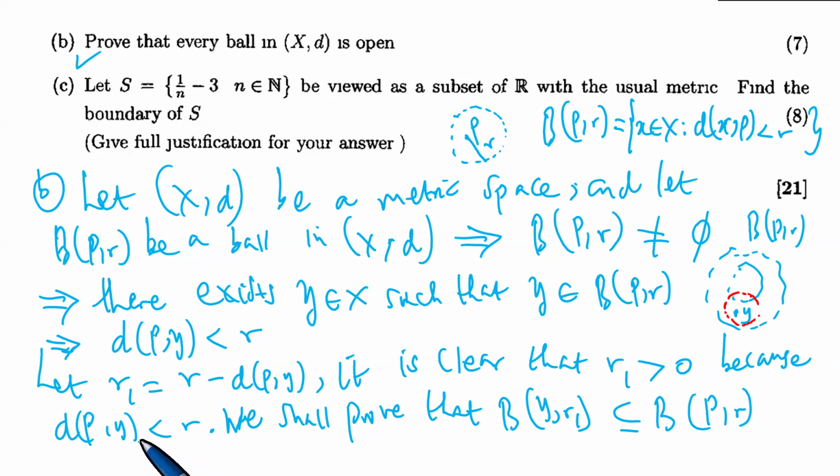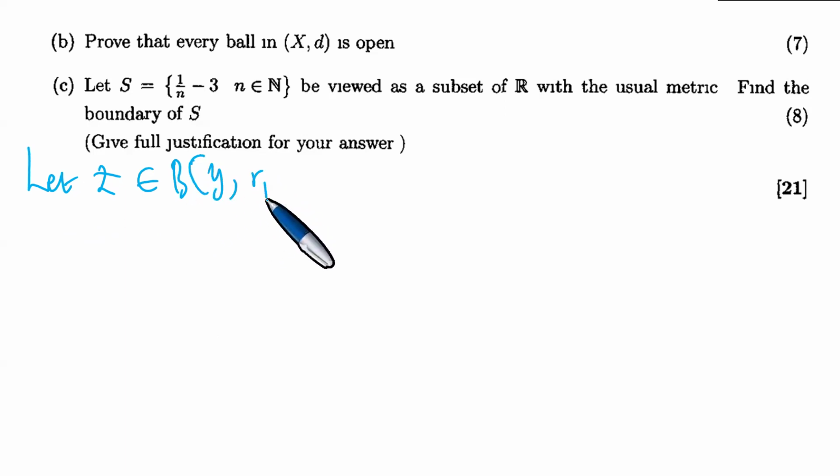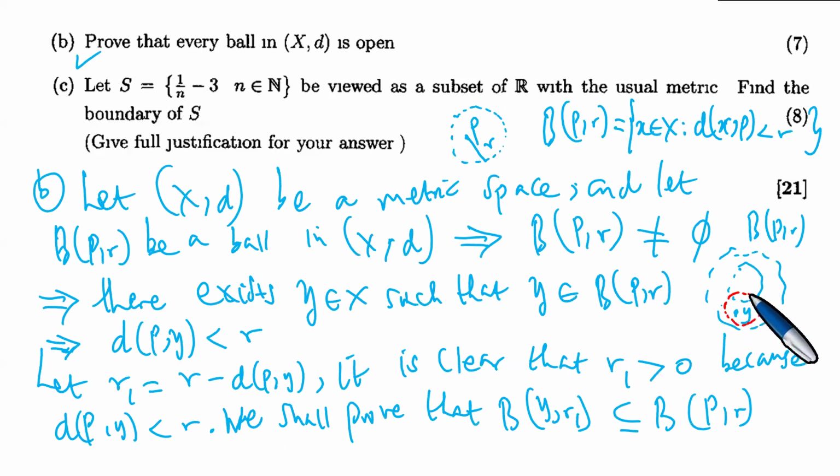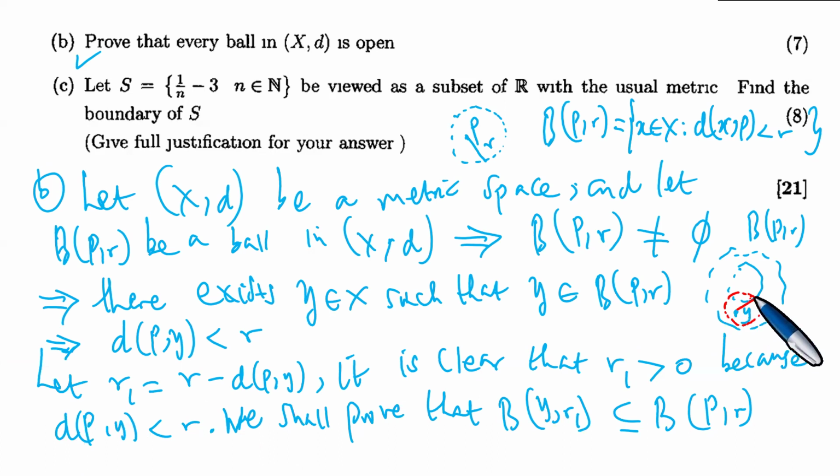We let z be an element of the open ball of center y and radius R1. The smaller ball, the red one, has center y and radius R1.